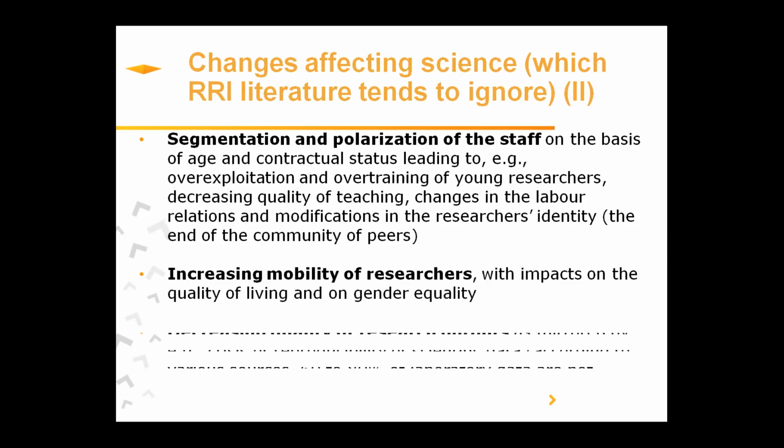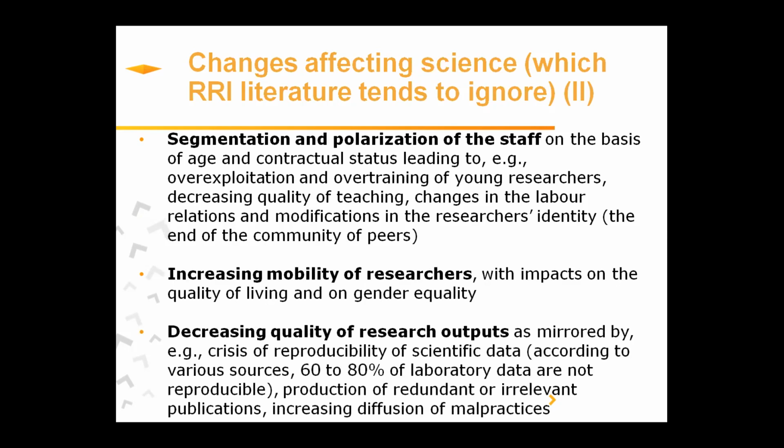There is also a decreasing quality of research outputs that has been observed by many observers, mirrored by, for example, the crisis of reproducibility of scientific data. According to various sources, 60 to 80% of laboratory data are not reproducible.